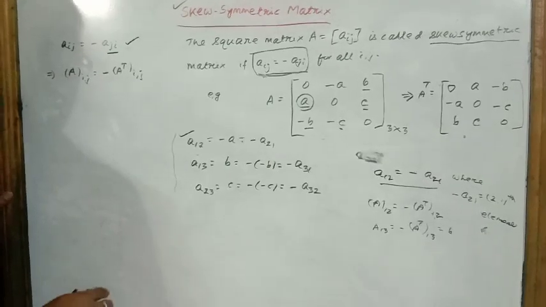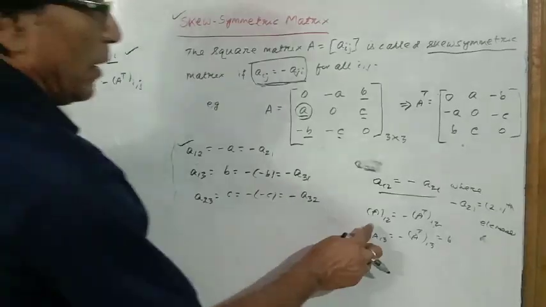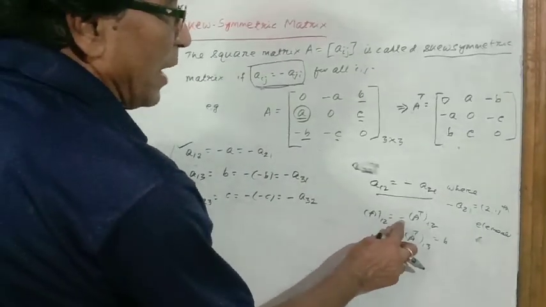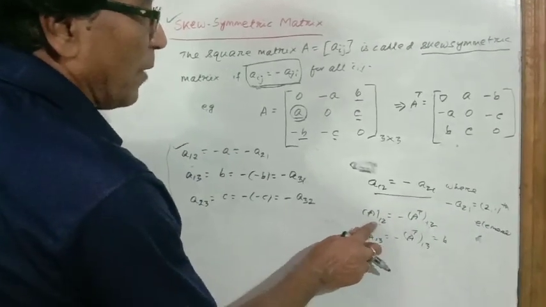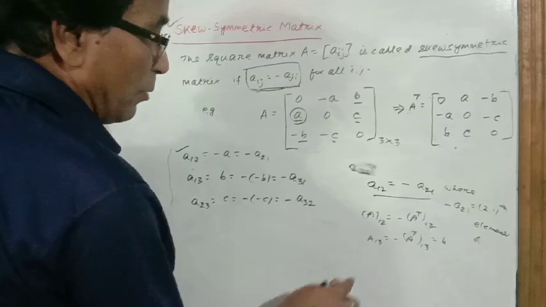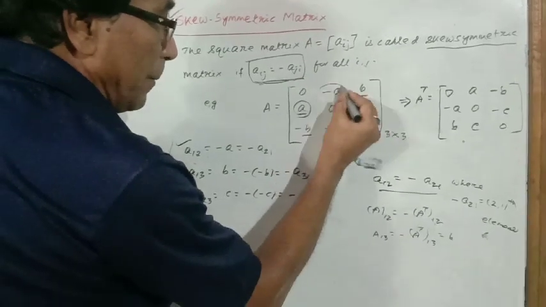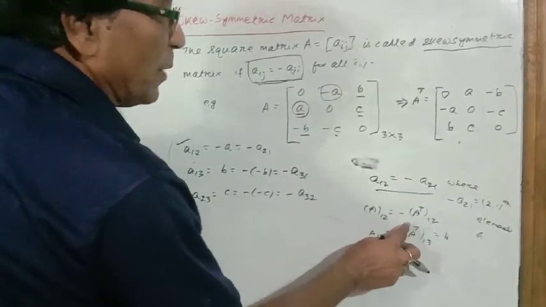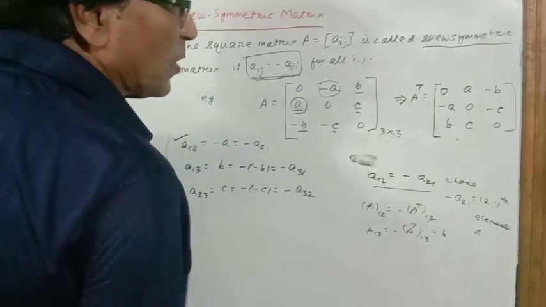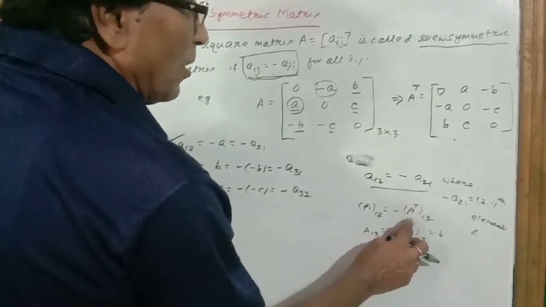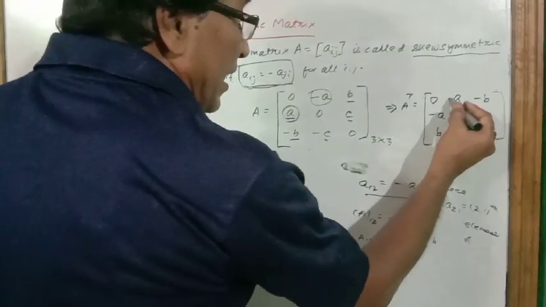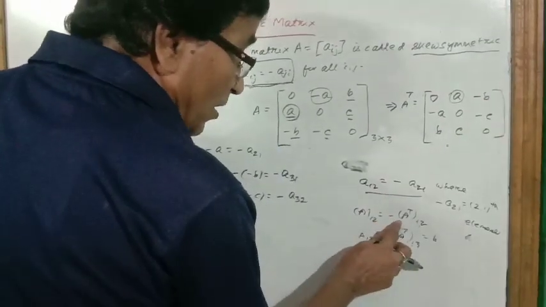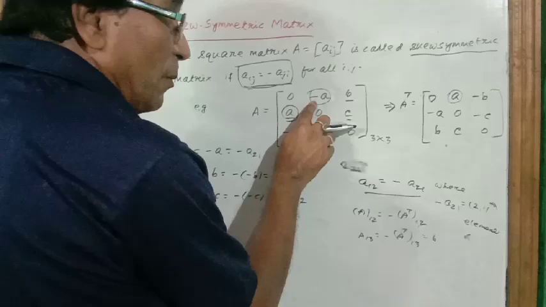That means here we can say that A12 must be equal to minus A transpose 1,2. That means the 1,2 element of the matrix A, which is A12, is equal to a. Minus a must be equal to minus of the 1,2th element of A transpose. So the A transpose 1,2 element is a. So it is minus of a. So it is also minus a.